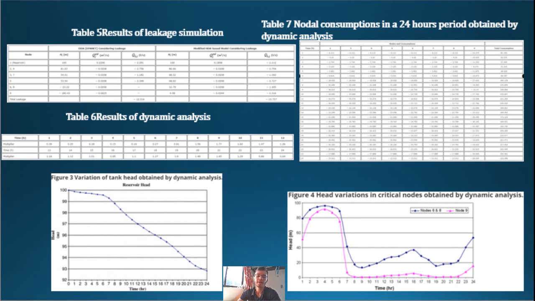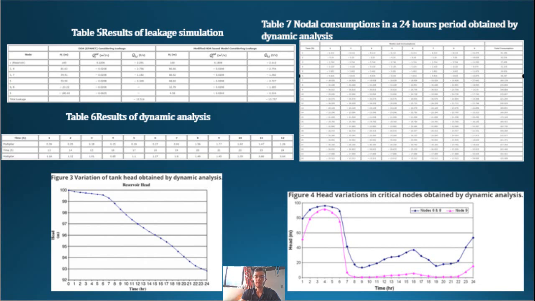Results of dynamic analysis. The sample network was also analyzed using an extended period simulation within a 24-hour period and with time steps of 1 hour. The demand pattern is presented in Table 6, substituting the reservoir in node 1 with a tank having the capacity of 1000 m3, 0.48 and cross section of 2500 m2.